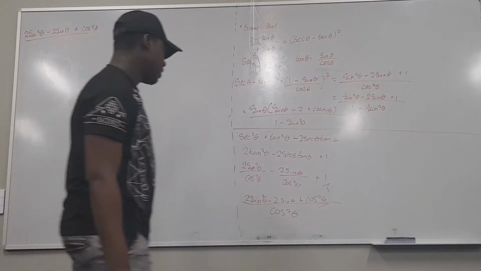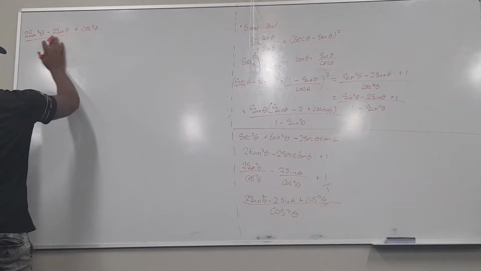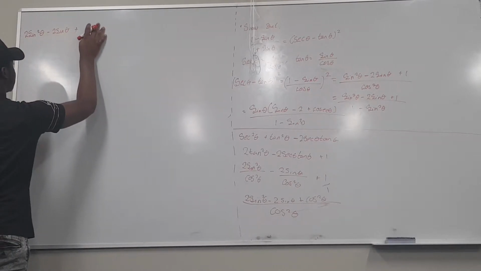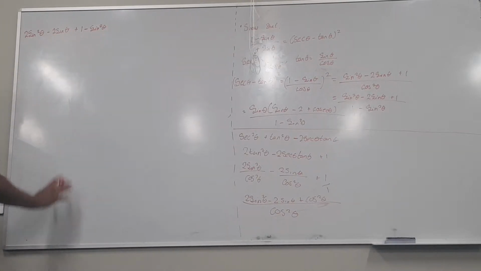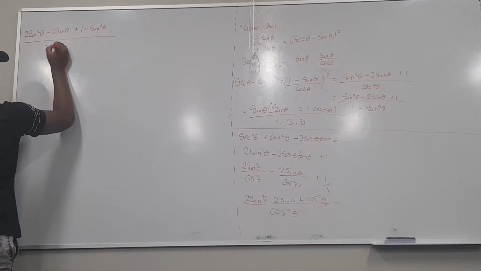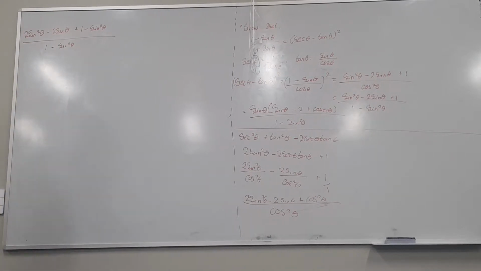But we want everything in terms of sine, right? Okay, but yeah, just bear with me. I'll just write this as sine first, plus 1 minus sine squared theta, divided by 1 minus sine squared theta. And that's equal to what?